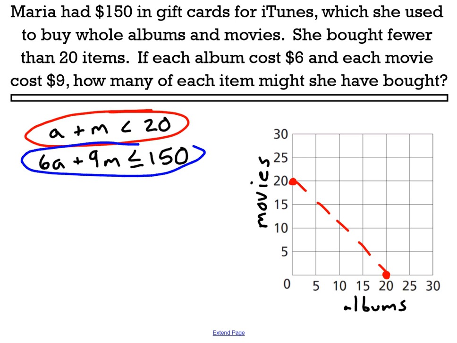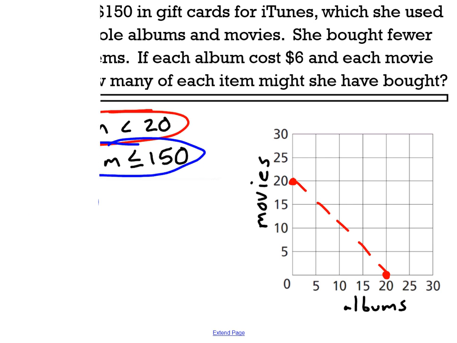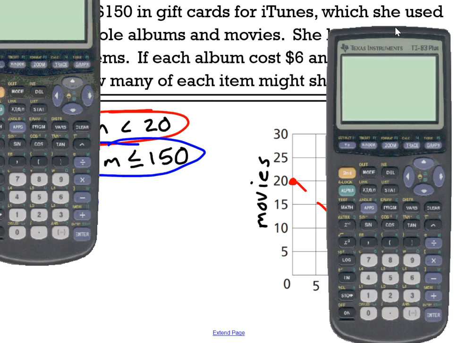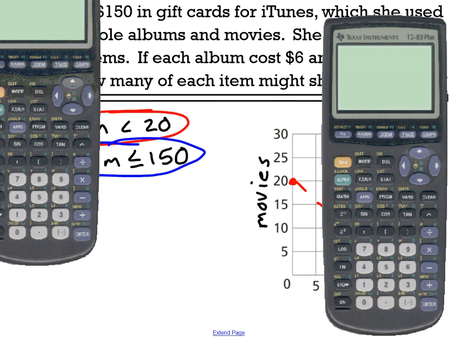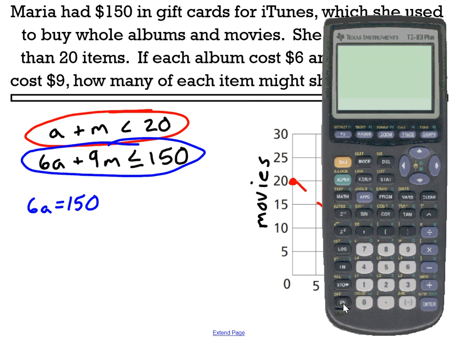So if I bought 0 movies, I know that each album is $6. So if she bought 0 movies, let's pull out our calculator and do 150 divided by 6. So 25.